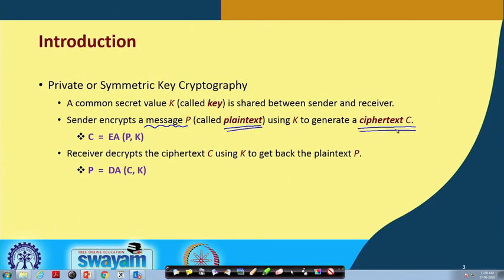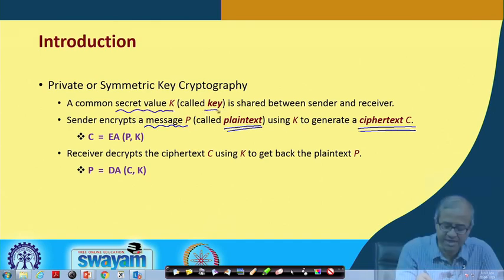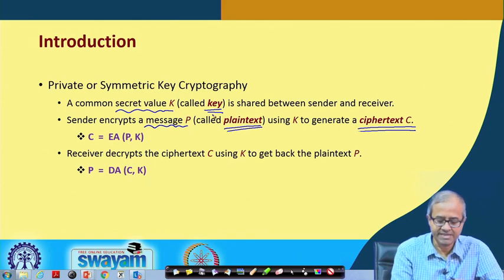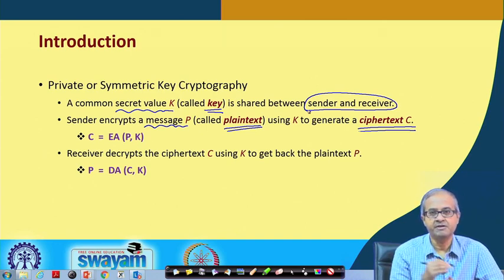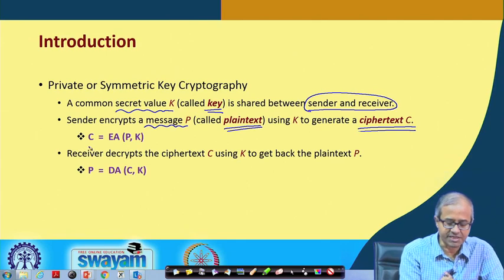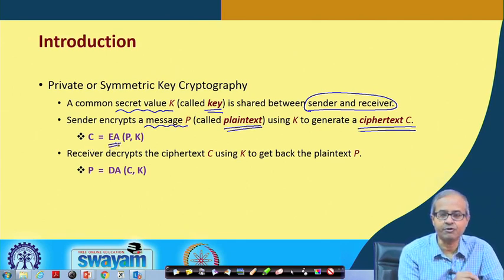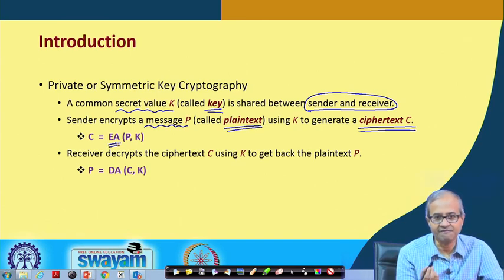Okay? And in symmetric key cryptography, there is a concept of a secret value called a key, and this key is shared between the sender and the receiver. The same key is shared. So, the way encryption and decryption are carried out, functionally they are expressed like this. This EA stands for the encryption algorithm. Well, EA is like a function.